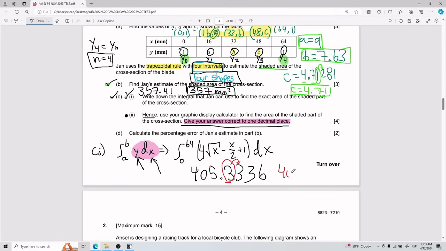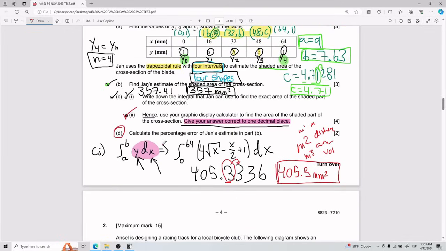And so you write 405.3 millimeters squared, because we are talking about area. Area is going to be squared, volume is going to be cubed, and distance is just going to be to the power of 1, which is the same as leaving it as m. All right, cool. So that is part C, part II.